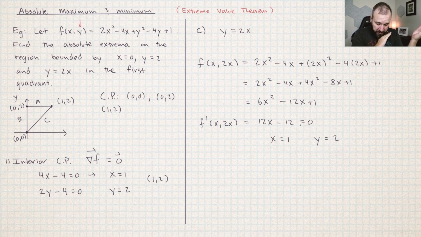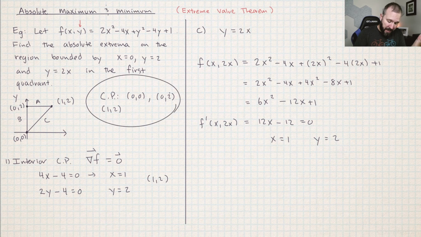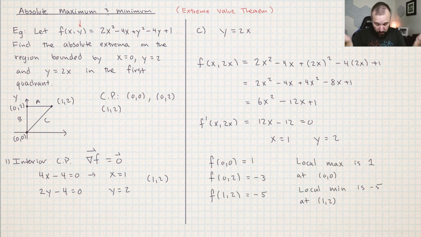So in this problem, we just ended up with 3 critical points. So now we know for sure the function must have its maximum value and its minimum value at one of these 3 critical points. So all that's left for us to do is just plug them in and see which one's the biggest and the smallest. So let me do that. Okay, so that's it.